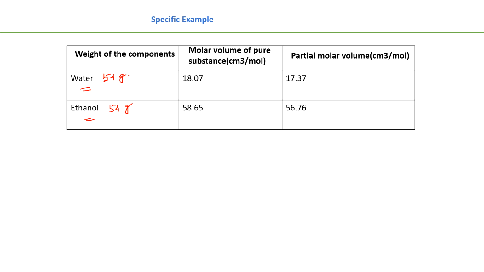The molar volumes of the pure substances are given, and the partial molar volumes of the two components are given. Now we have to find delta mix V. That is our task. You just try on your own. In the later class, I will solve it.